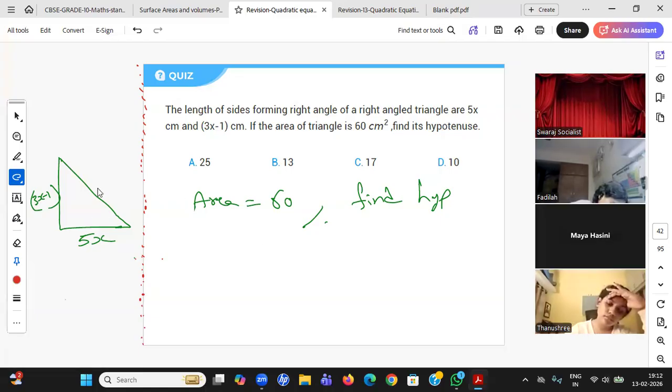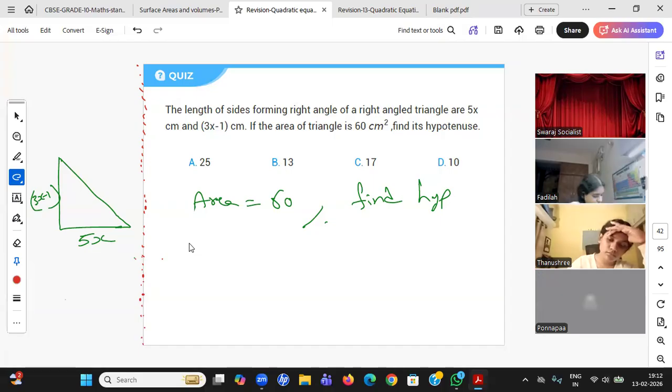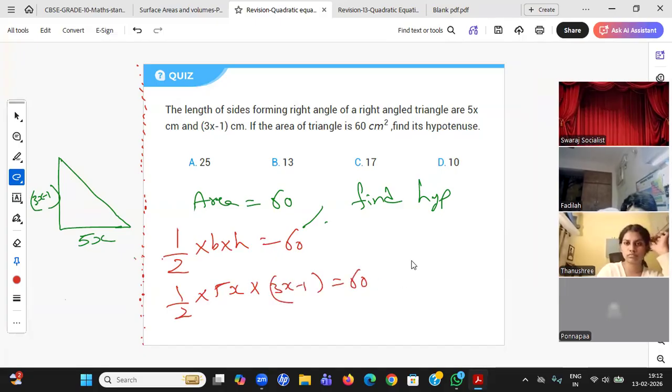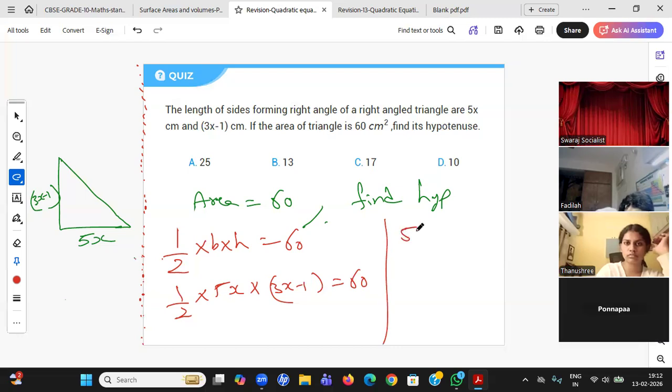So area is 60. Area of a right angle triangle, you all know, is half into base into height, equal to 60. Base is 5x, height is 3x minus 1. So 5x into 3x minus 1 equal to 120.